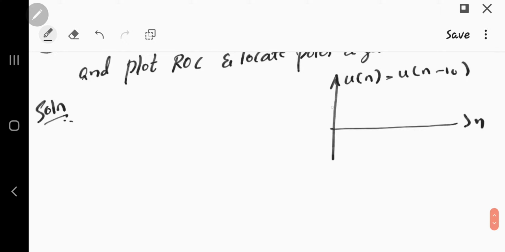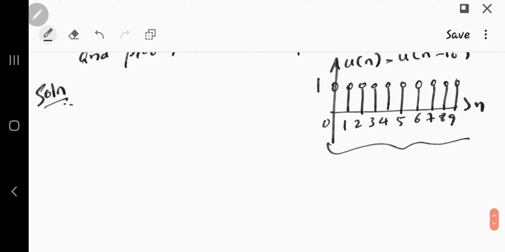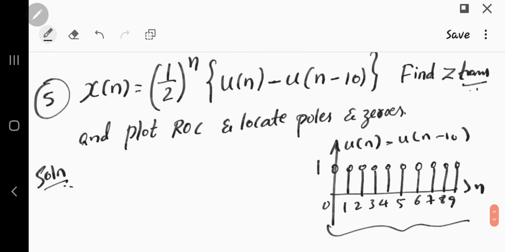If you plot this graphically, 1 2 3 4 5 6 7 8 9. So this is the signal. You'll get a limit from 0 to 9. And this is important because we have to take the limit for the signal.